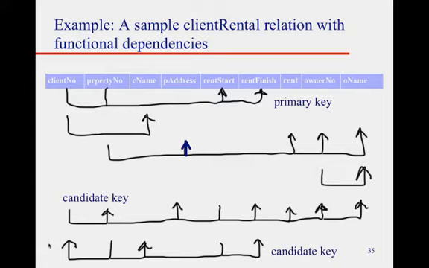We are showing the client, the property that they're renting, their name, the property's address, when the lease starts and finishes, the rent they're paying, and who owns the property. Here it turns out that client number and property number is the primary key. But if you just look at client number and property number by themselves, they only uniquely determine 2 fields, the start and finish dates for the lease. So if you know the client and the property, you know when the lease started and finished. I'm assuming the same client doesn't rent the property twice.